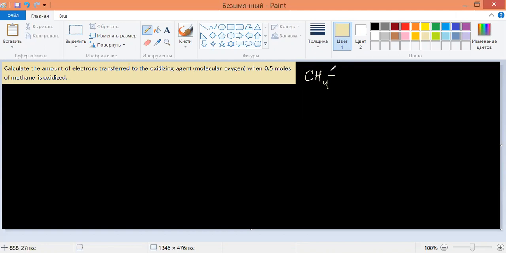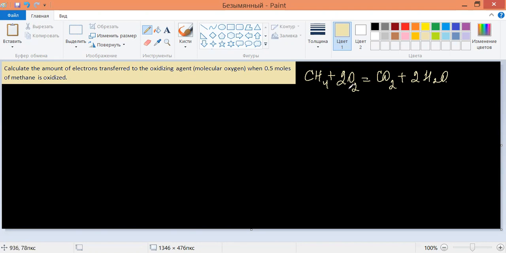CH4 plus 2 moles of oxygen, and so you'll see CO2, carbon dioxide, and 2 moles of water. Okay, we know perfectly well that oxygen is the oxidizing agent. That means that CH4 is oxidized while the molecular oxygen is reduced.